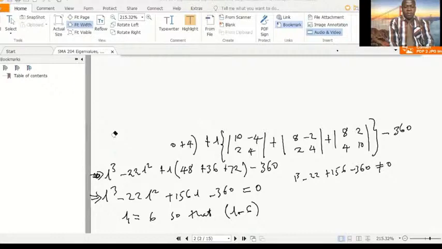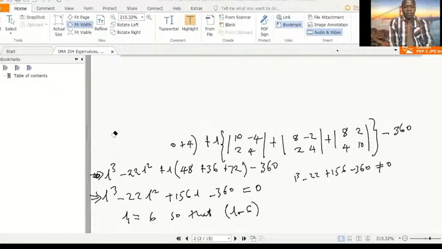So that means this eigenvalue is of multiplicity 2. We have 2 eigenvalues which are the same. And lambda 3 is 10. So we are done with the first question.